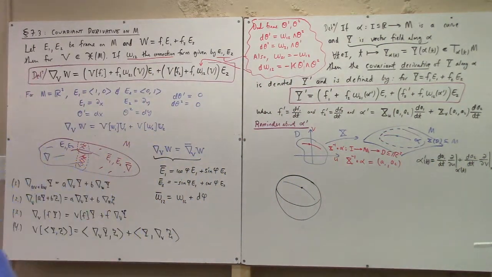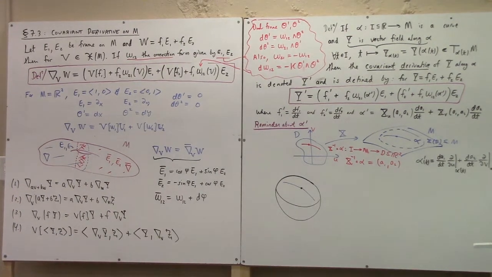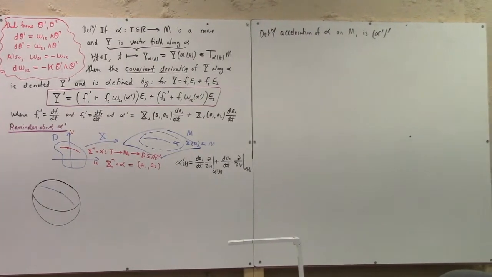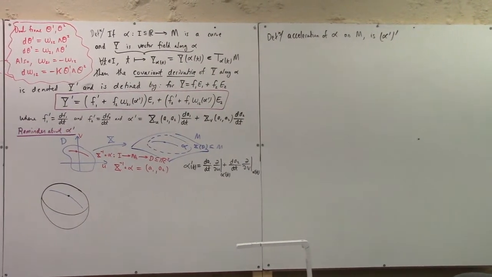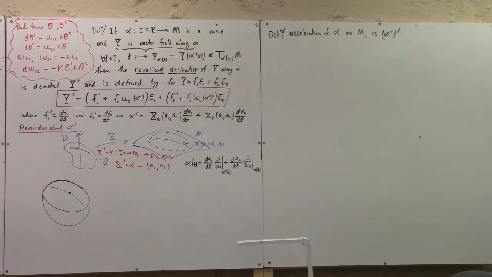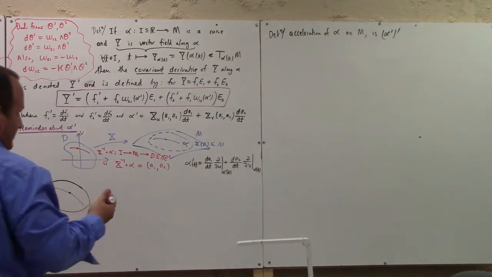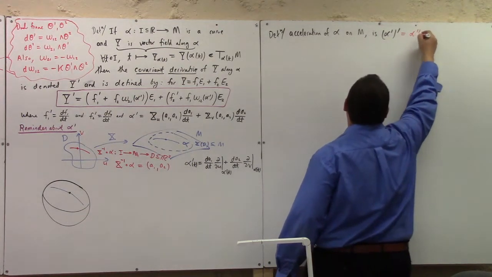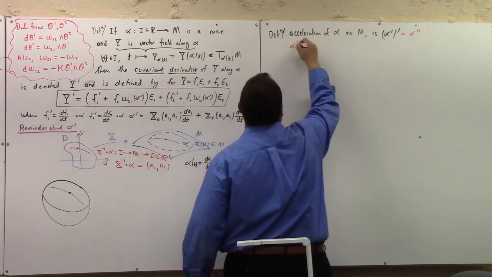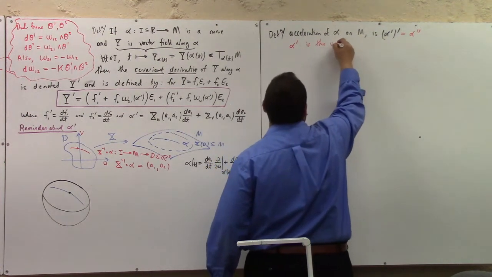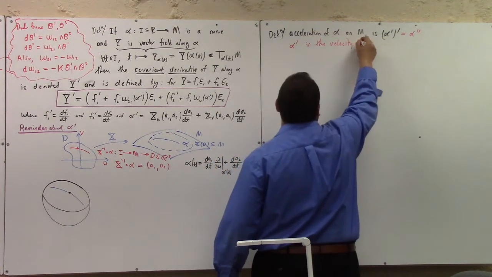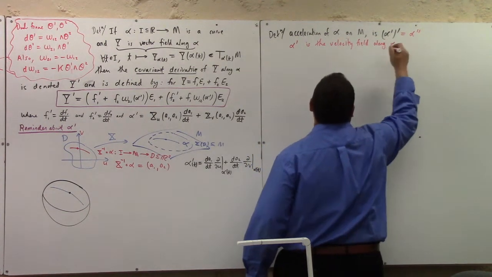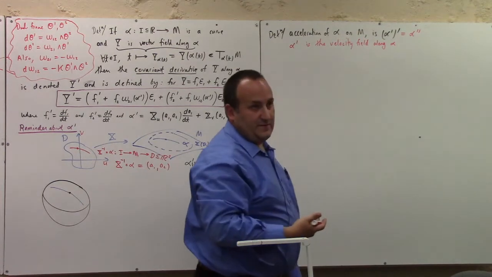Why isn't it just alpha prime prime? I will forever after this write alpha prime prime. But you should understand that alpha prime is the velocity field along alpha. It's the velocity field of alpha along alpha, right?